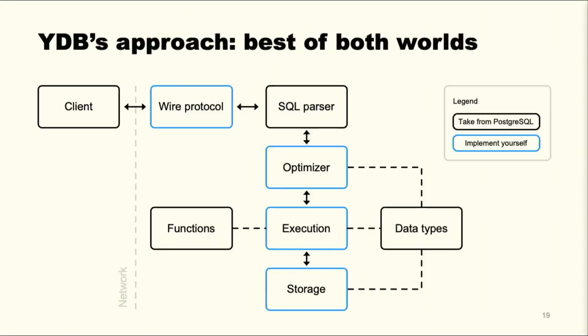So clients, again, we want to take original ones because that's what we're compatible with. But wire protocol in original Postgres has some historically weird implementation where it forks an operating system process for each client connection, which is a really resource-intensive operation and kind of limits how many connections you can have, and that's why people invented these kind of proxies that reuse connections and stuff like this.